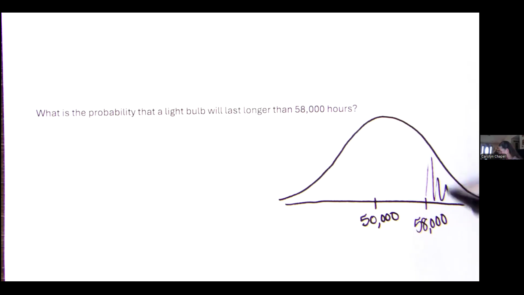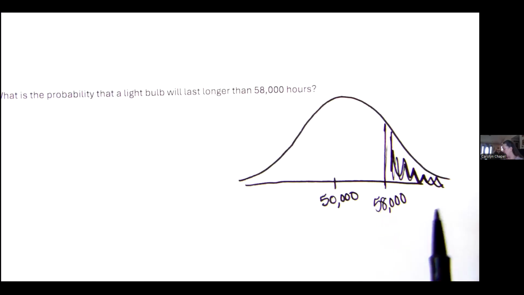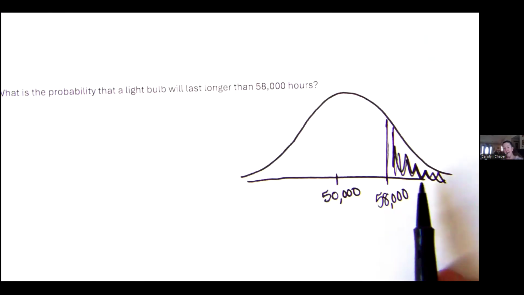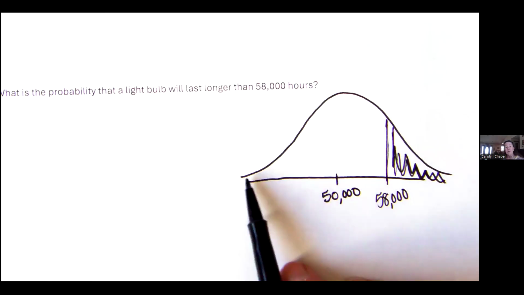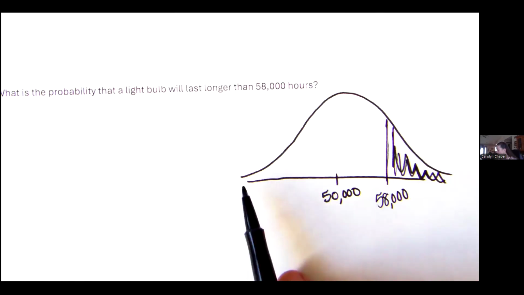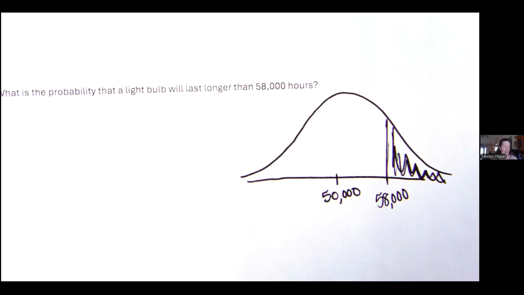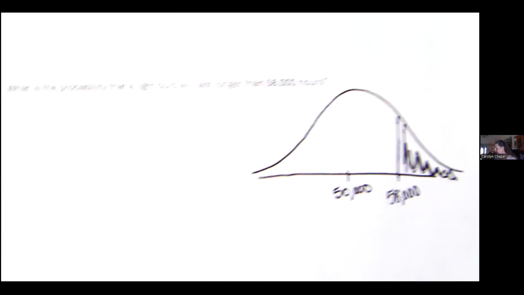So that's this upper tail. Sometimes you will hear people call this an upper tail, a right tail, and so forth. The bottom one could be a left tail or a lower tail. Really depends, and it's just a way to describe which way that tail or that shading is going.